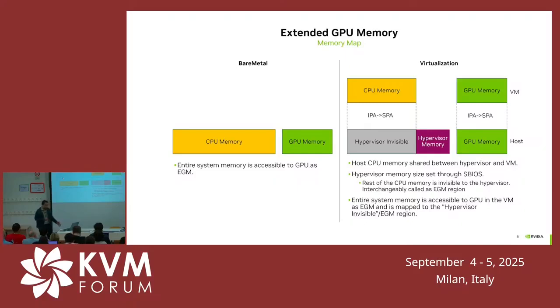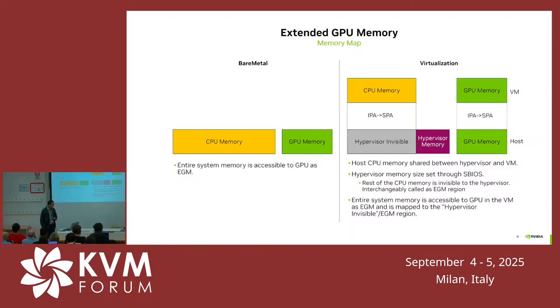I mean, it is accessible, but it won't be directly visible to the hypervisor because it's not aware of it, as it's not part of the EFI memory map. I've used this hypervisor invisible region interchangeably as EGM in the patches as well, and I'll talk similarly here. But when I say EGM region, I would actually be referring to this hypervisor invisible region.